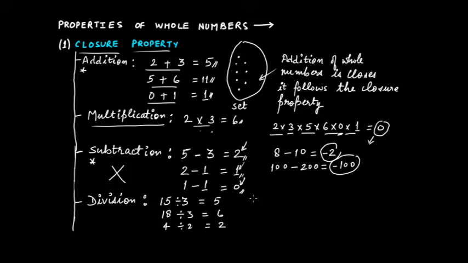But what if you have 2 and you divide it by 4? What would you get? In this case you are getting 2 by 4, and if you would solve it, you would get some numbers in decimals. I'm not going to discuss that. So you could see that here it's a rational number.